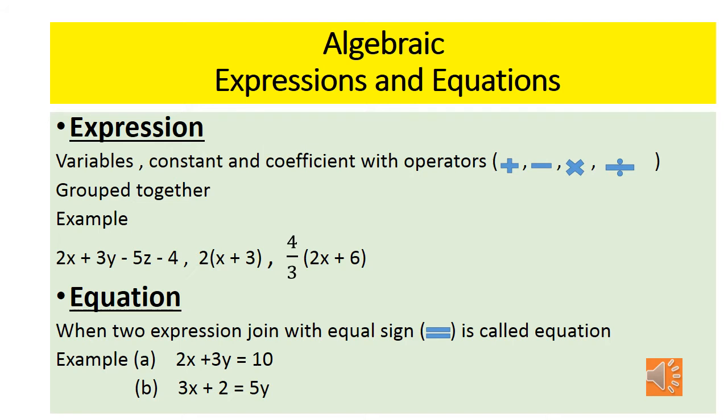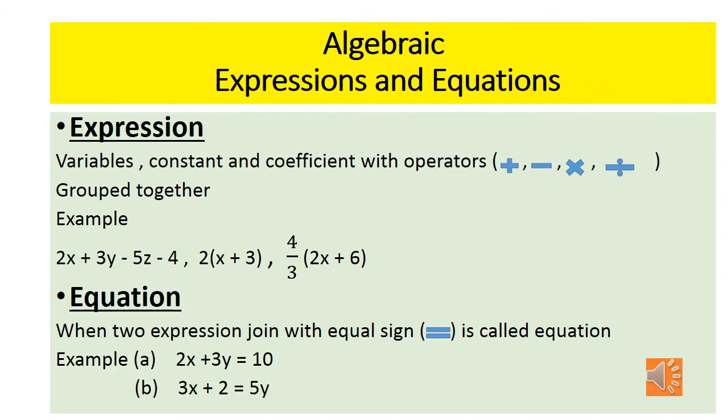The answer is 2x plus 6. Another example is 4 by 3, or 4 divided by 3, multiplied by 2x plus 6. Here 4 by 3 is multiplied by 2x, then by 6. So all of these three examples are expressions in algebraic terms.